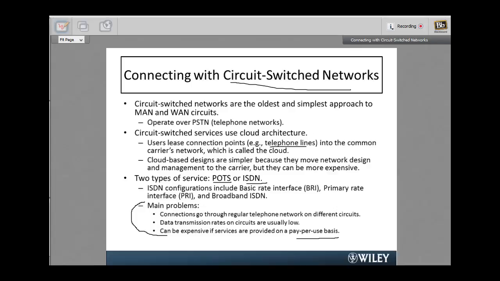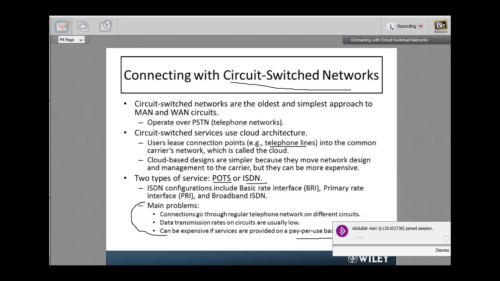Pay-per-use is a business model in which you pay according to the amount of usage you make, which is found in the telecom sector, in which when you use the internet or make a call, you will be charged depending on the duration of the call.